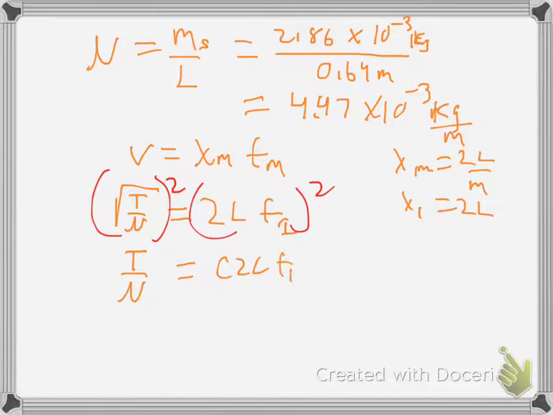And I don't feel like expanding this right now. So then the tension is going to equal mu times 2L F1 squared. So tension is 4.47 times 10 to the minus 3, I believe.